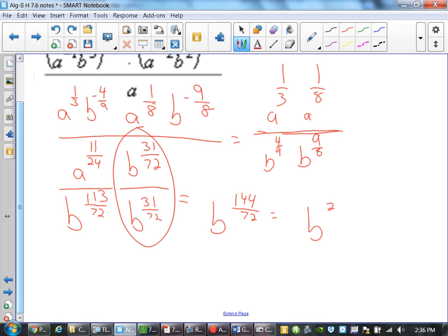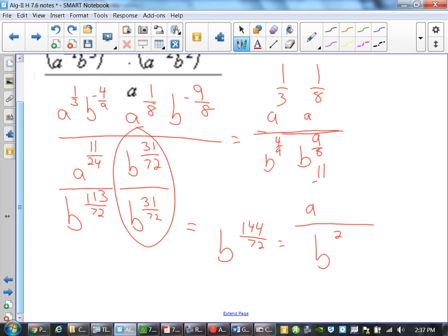Oh, I was so confused. Wow. So your final answer would be a to the 11/24, b to the 31/72. But then don't you have to simplify and subtract out the front?